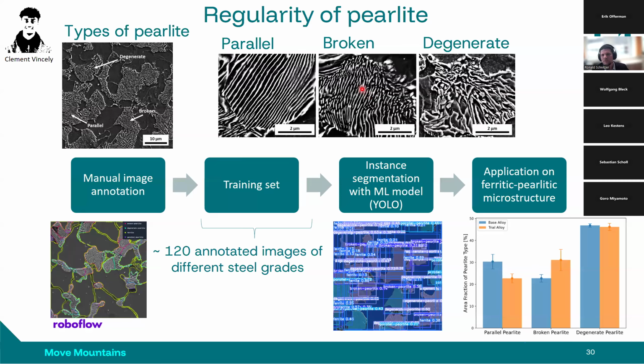So the assumption that these tramp elements might have an influence on the growth of the pearlite lamellae seems to be true, as the evaluation of really a lot of images has been done with this approach. You can see that the fraction of this broken pearlite increases with increasing tramp element contents.